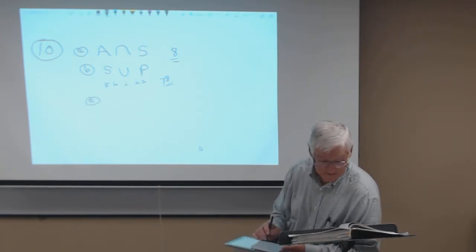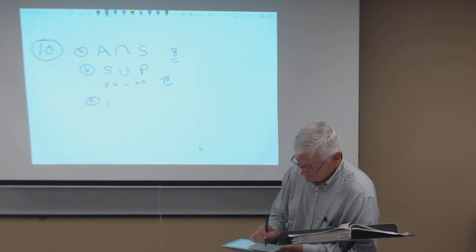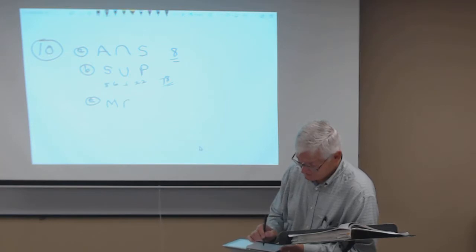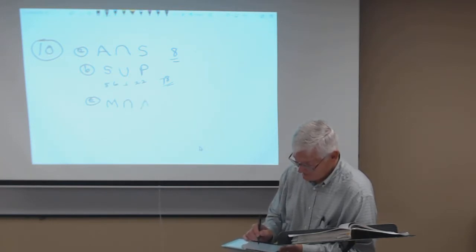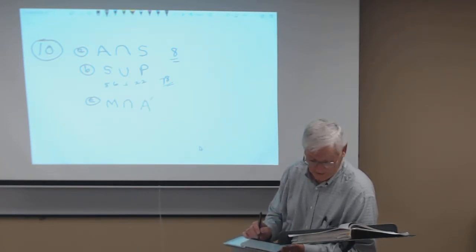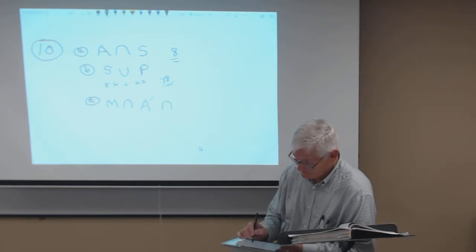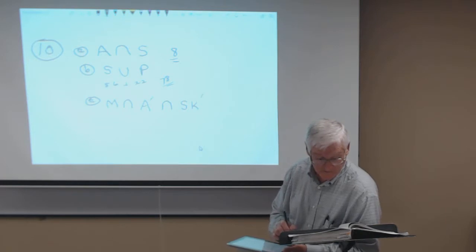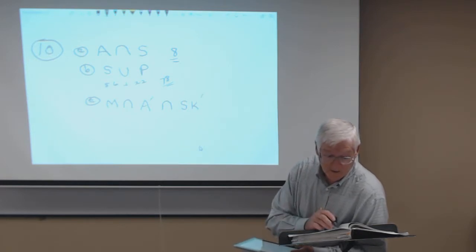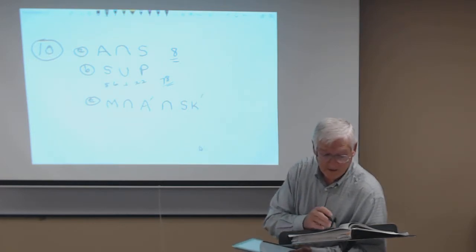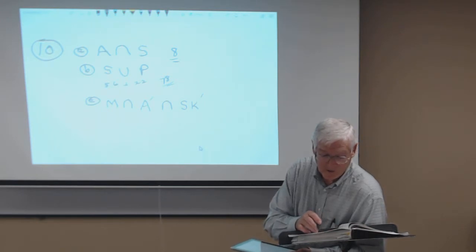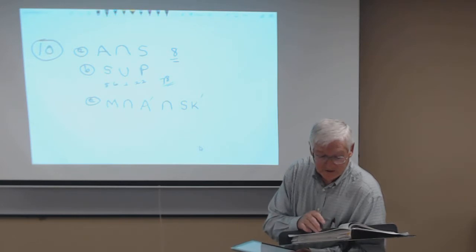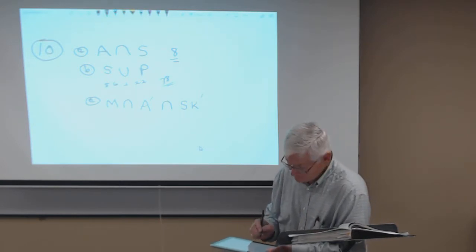Are they all going to be this easy? M intersect A complement intersect SK complement. Where's M? That's the manufacturing row. Okay, let's just take the numbers in that row.